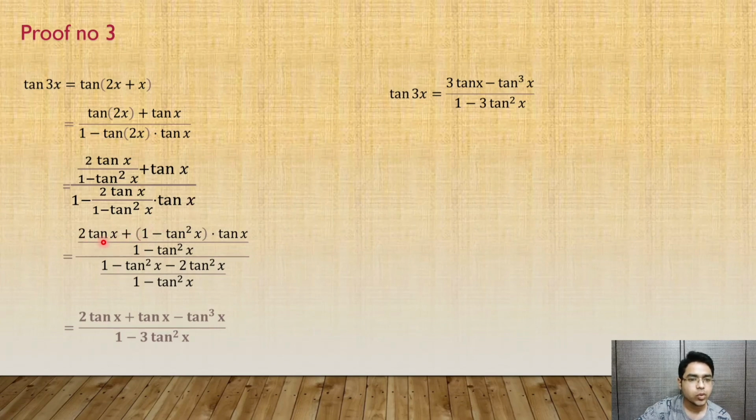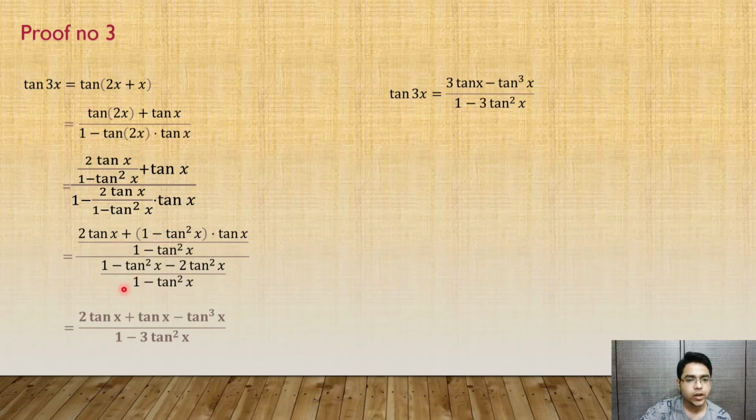Now further, 2 tan x plus bracket 1 minus tan square x into tan x. We are multiplying this 1 minus tan square x in this tan x, so we can eliminate this 1 minus tan square x from the numerator and from the denominator. So in this next step you can see that here also in the denominator we have multiplied it by 1 minus tan square x minus 2 tan, this tan x into tan x will form tan square x, 2 tan square x divided by 1 minus tan square x.